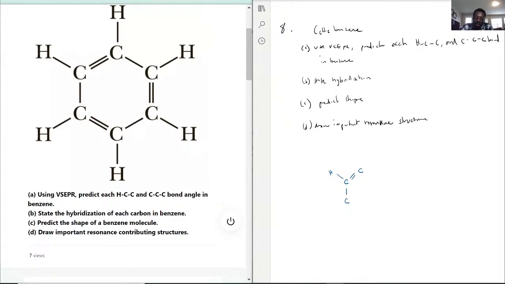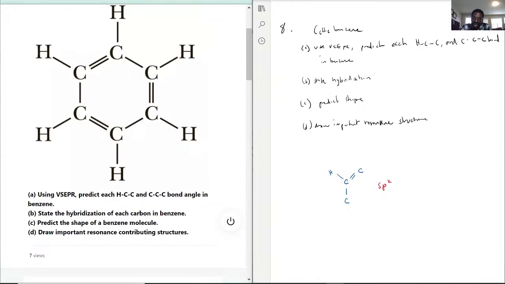And actually the easier thing to do first would be B, which is to state hybridization. If you remember, hybridization works like this: if you have 4 separate bonds, it's sp3. So 4 single bonds is sp3. And 3 bonds, so now 1 less, is going to be sp2.